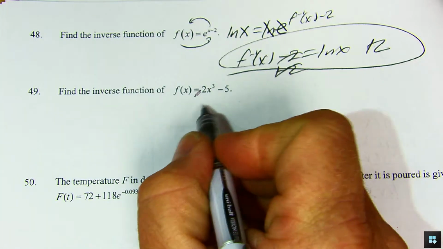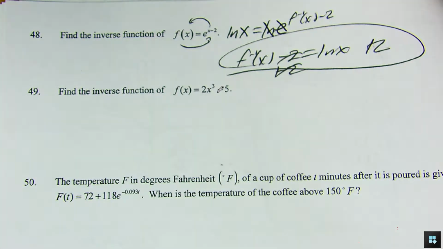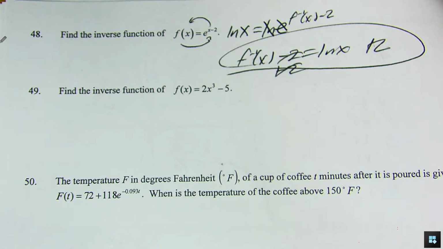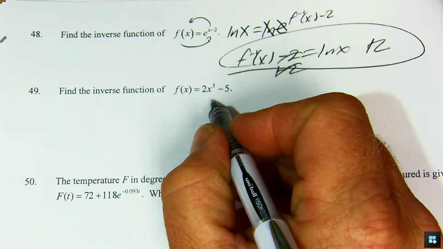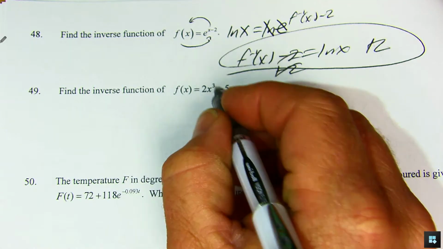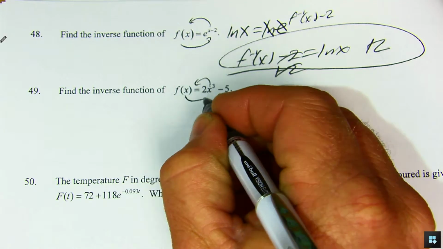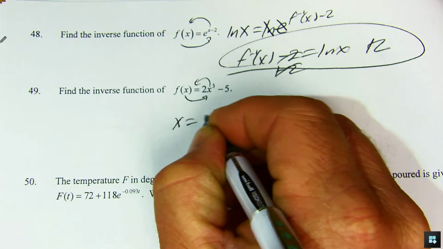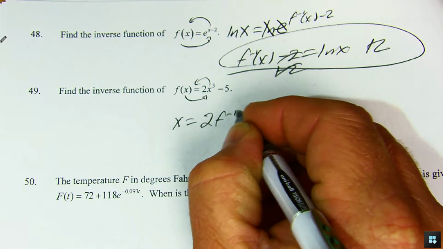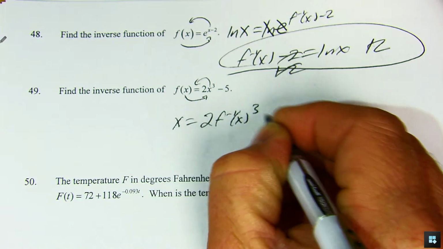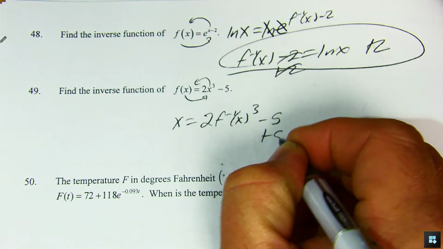Find the inverse of this function right here. Again, I would take my inputs, making my outputs, outputs making my inputs. So therefore x equals 2f inverse of x cubed minus 5, so I would add 5 first.